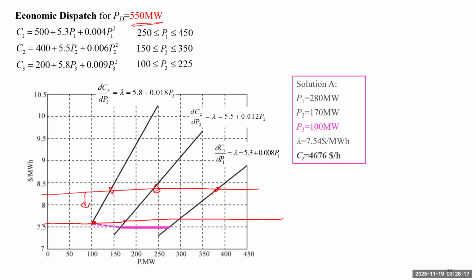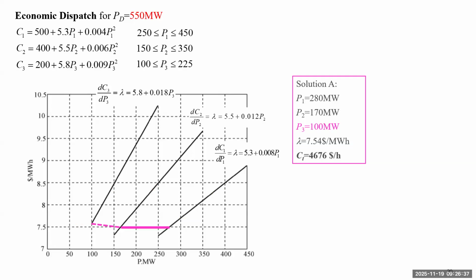But the intersection point is still higher than 550, which means you need to move further down for unit 1 and 2. And then you get this line, the final answer, colored in magenta. So this will be your solution.